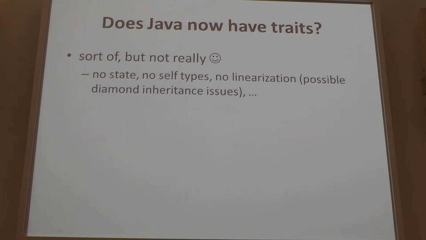The language differences are basically that in Scala, traits can have vals or values or variables. Basically, they can have state. In Java, they cannot. They can have only methods.